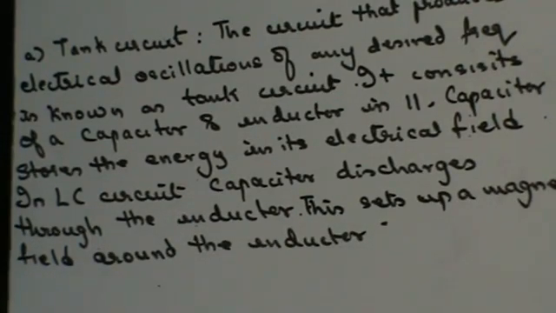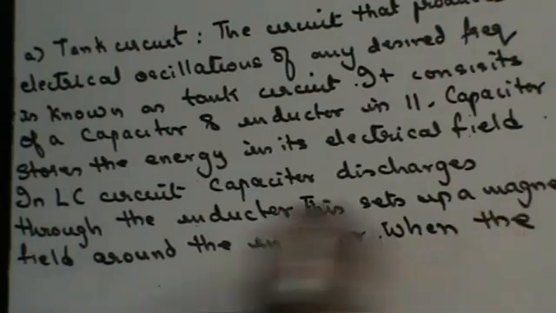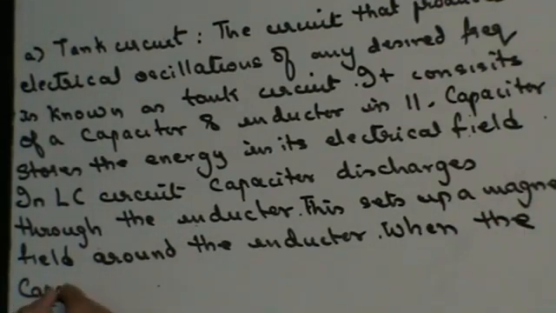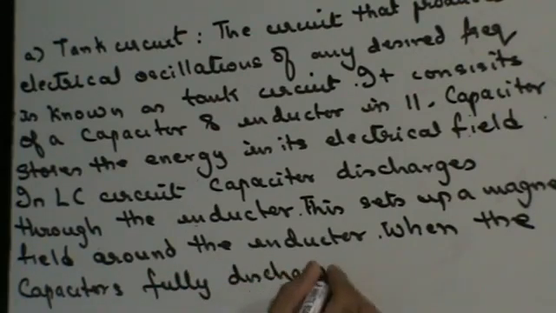When the capacitor fully discharges, the electrostatic energy of the capacitor is completely converted into the magnetic field energy around the inductor.